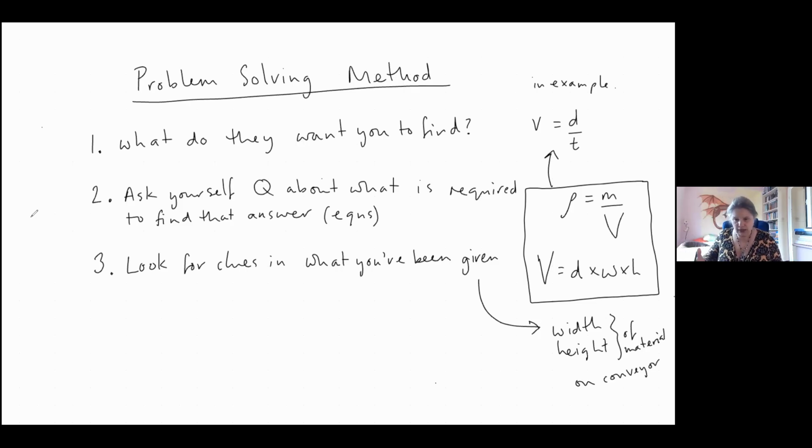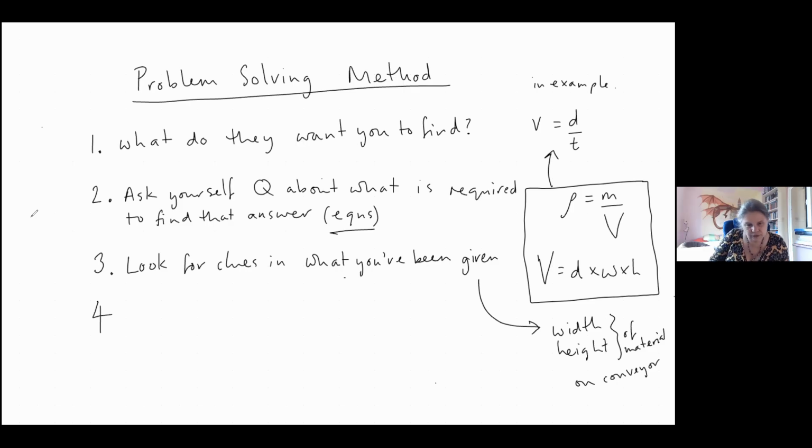And you're going to ask yourself questions. Well, what do I need to get D over T? How can I get D? How can I get T? What are the clues? What are my relationships? What information have they given me?